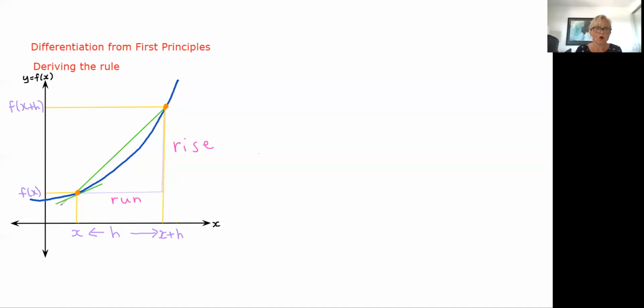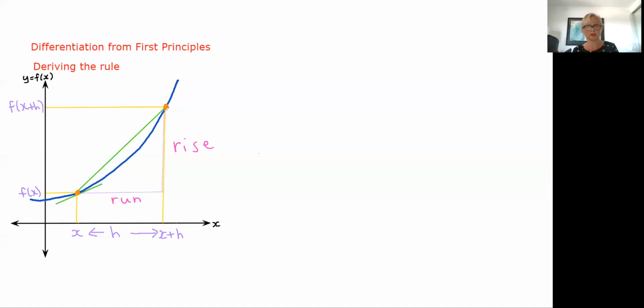Well, what we're aiming to do is get an expression for the gradient of this tangent to the curve here, because that's what we defined on our previous screen as the derivative or the gradient of the curve at that point. The only problem is we've only got one point involved there. That's why I picked another point a little bit up.